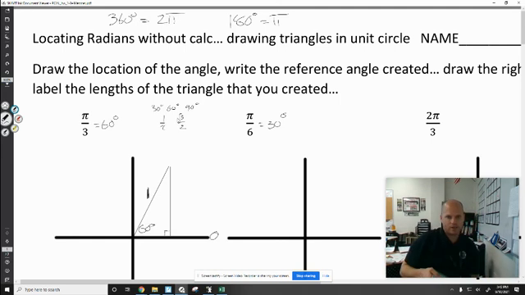What I need you to remember is that root 3 is bigger than 1. 1 times 1 is 1, 2 times 2 is 4, so 3 is somewhere between that. There's some number times itself that'll get you 3 that's bigger than 1 but less than 2. So root 3, which is 1.7, is bigger than 1. So root 3 over 2 has got to be bigger than 1/2. So it's the longer side, and the 1/2 is the shorter.